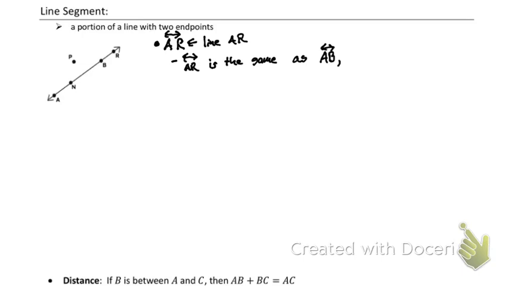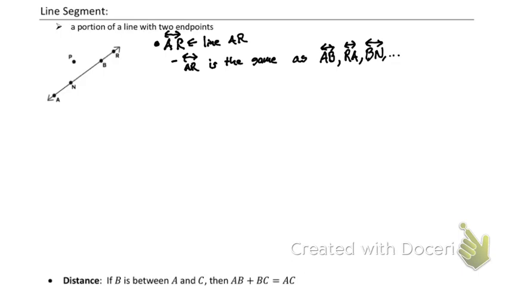It'd also be the exact same thing as line RA. It would also be the same thing as line BN. We can choose any two points on that line and state them in any order, and it is still the exact same line since it extends in both directions. So any two points, any direction, and you have the same line.